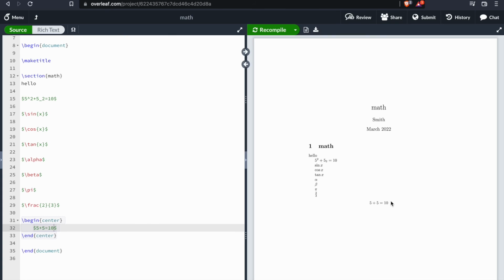Now it's centered. With Overleaf, you can do many different things, but I'm just going over the basics of what you need to do for basic math. And yeah, that's pretty much it. If you want to know more, I think Overleaf has a whole list of equations and command codes that you can do.